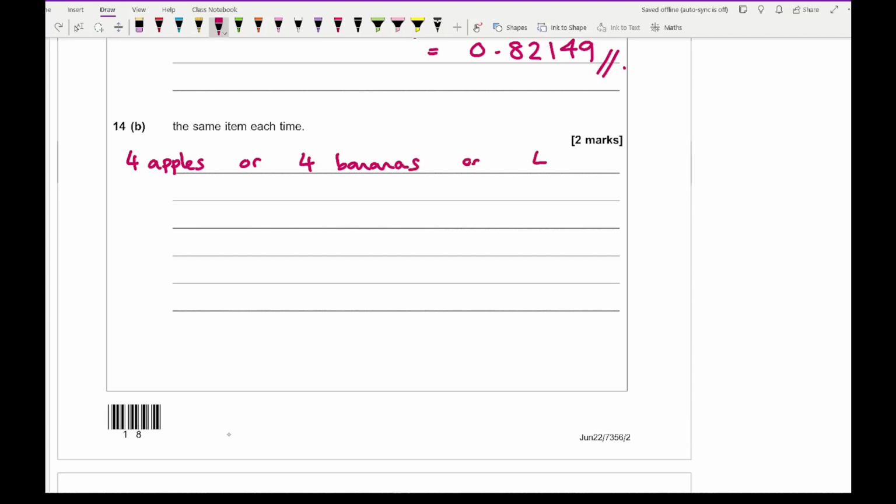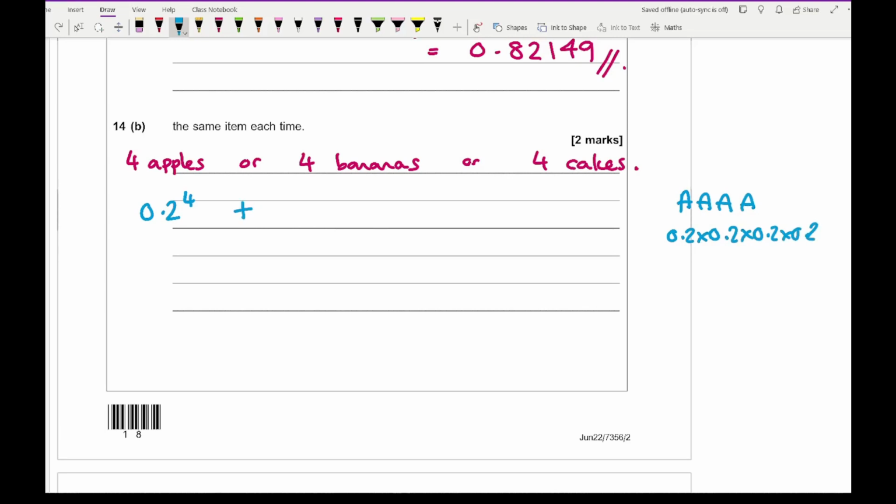or 4 cakes. So the probability of selecting an apple was 0.2, so 4 of them is going to be 0.2 to the power of 4. And again, if you're not sure why it's the power of 4, because you want A and A and A and A, which is 0.2 times 0.2 times 0.2 times 0.2. And all means plus.